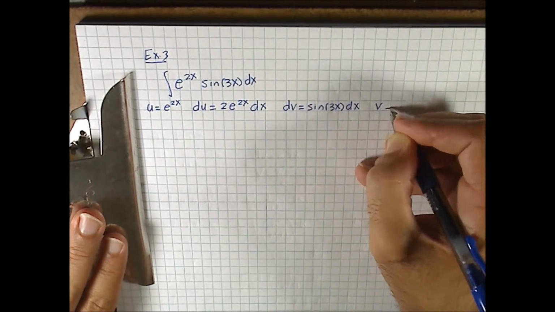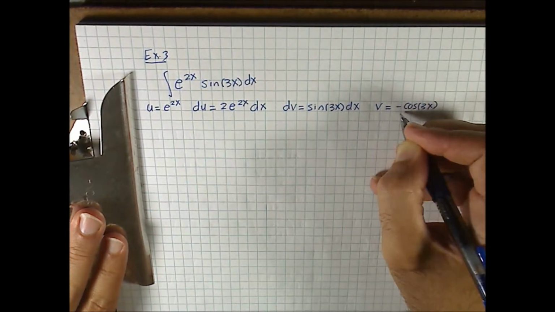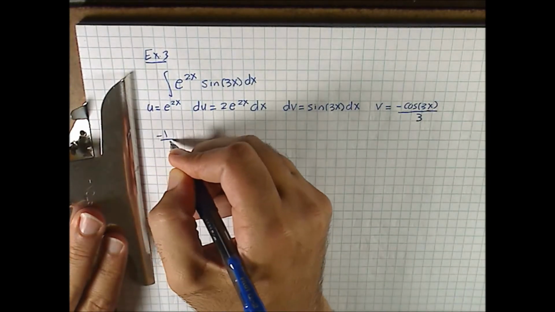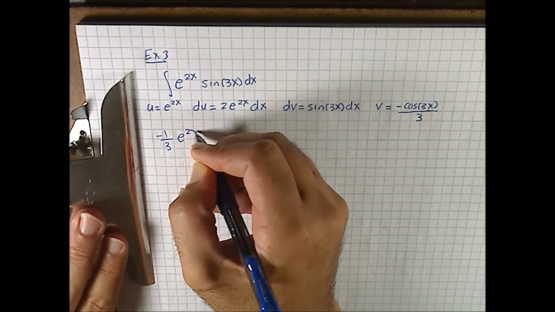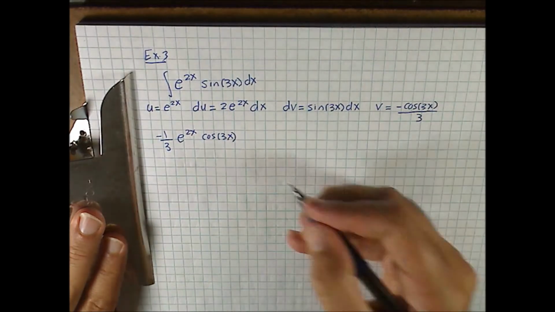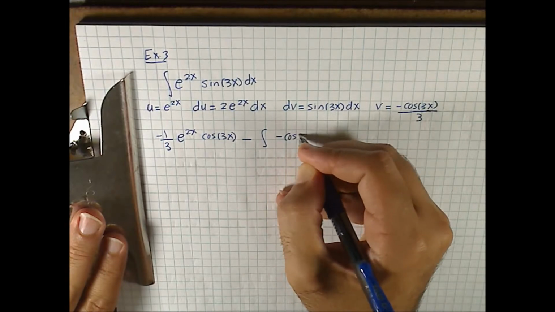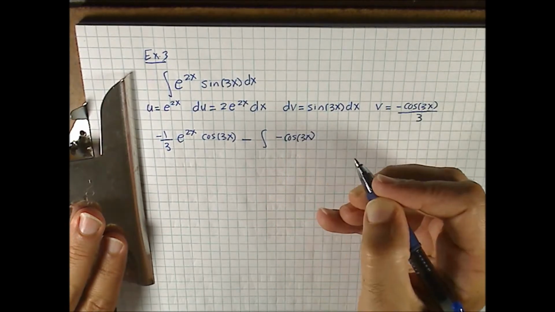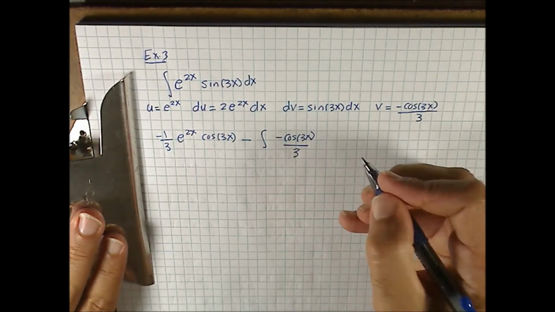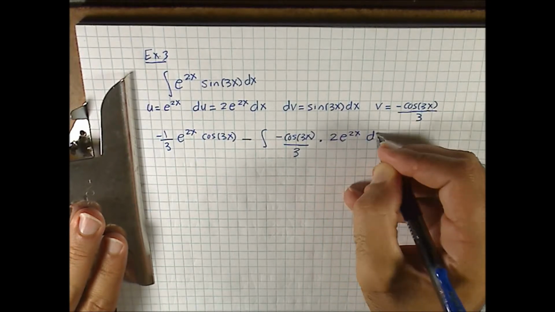v is the antiderivative, that's negative cos 3x divided by 3. So we get u times v, that's negative 1/3 e to the 2x cos 3x, minus the integral of v, which is negative cos 3x divided by 3, times du, which is 2 e to the 2x dx.